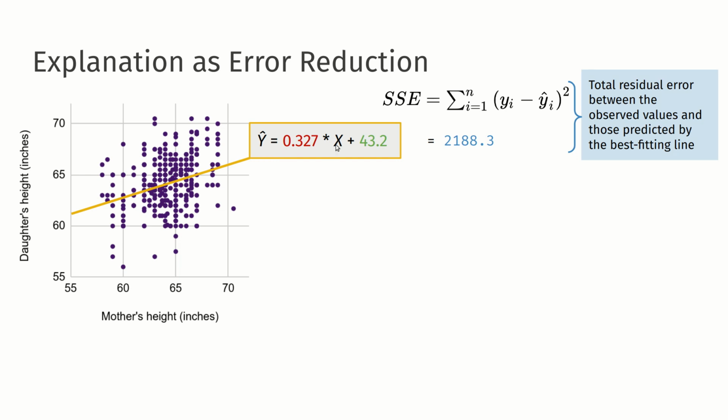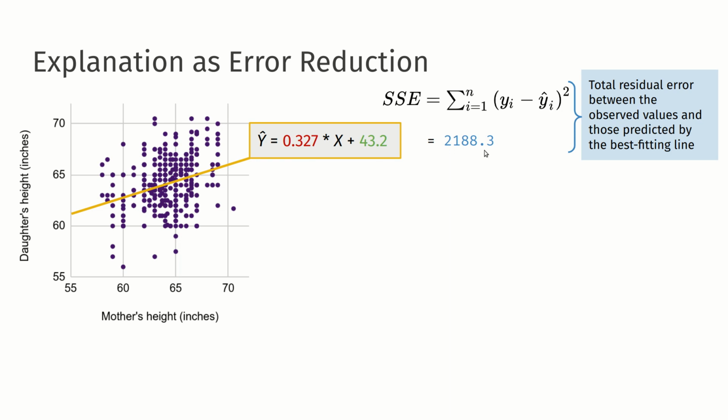For each inch taller the mom gets, the daughter is expected to increase in height by about 1/3 of an inch. As we talked about when we first introduced this, the intercept is kind of nonsensical, but if we could have a mother who is exactly 0 inches tall, this model says that her daughter would be 43.2 inches tall. So that's our intercept, and this is our slope.